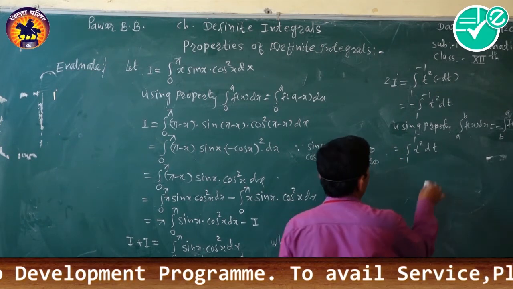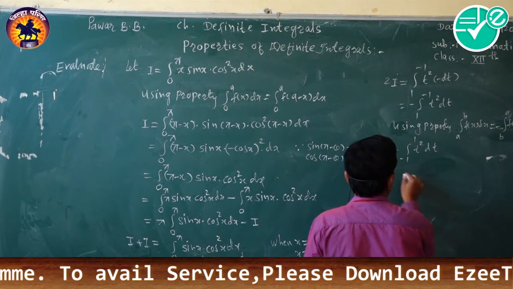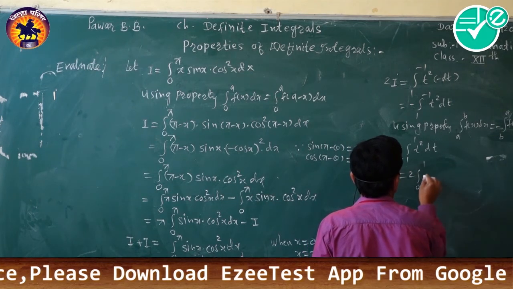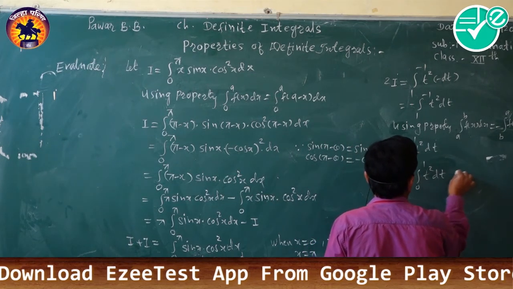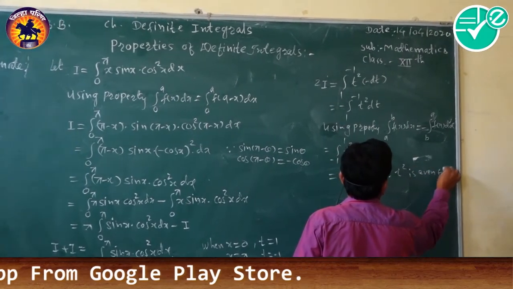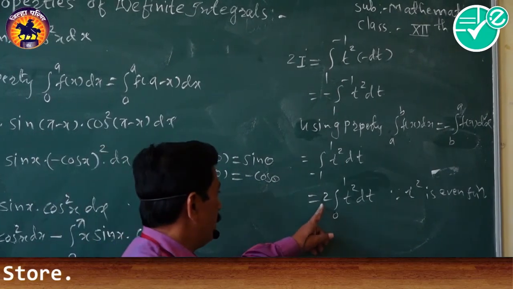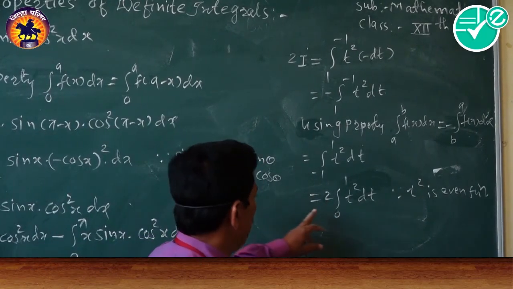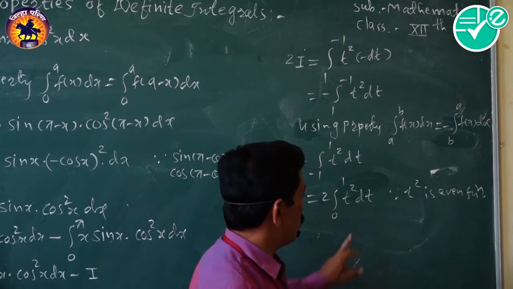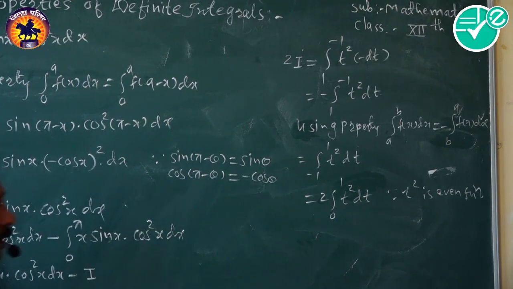Now this is equal to 2 times the integral from 0 to 1 of t square dt, since t square is an even function. That's why we take this, by the property that the integration from minus a to plus a of f of x dx is equal to 2 times the integral from 0 to a of f of x dx if the function is even.